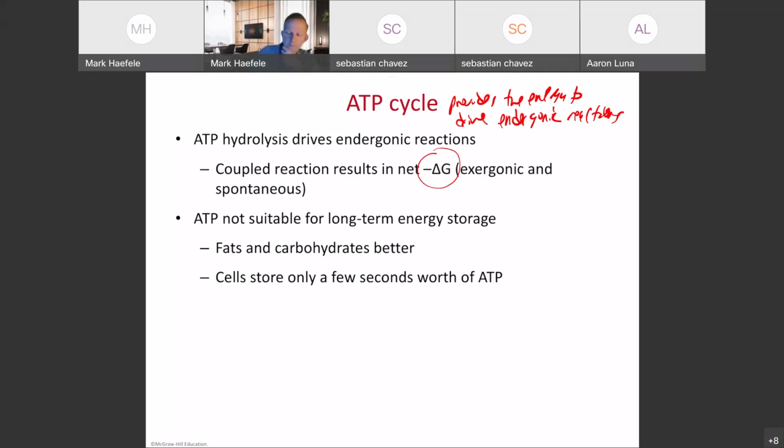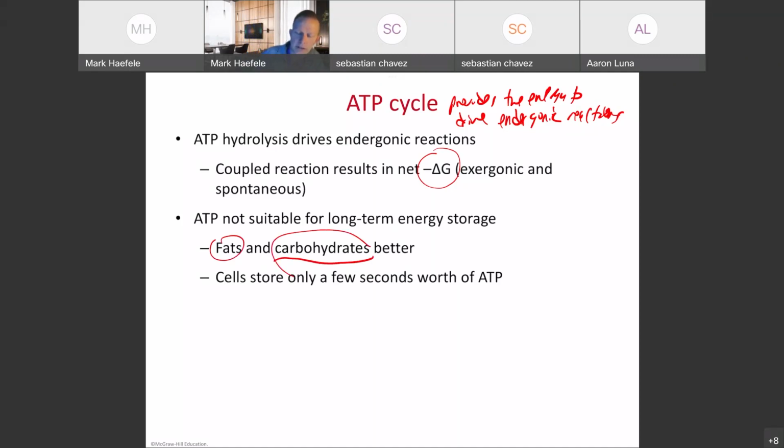So ultimately, if you want long-term energy storage, you have to use carbohydrates and fats, right? This is not in the same ballpark as that discussion in terms of utility. As a matter of fact, initially all of your energetic molecules are stored in the form of carbohydrates and fats.